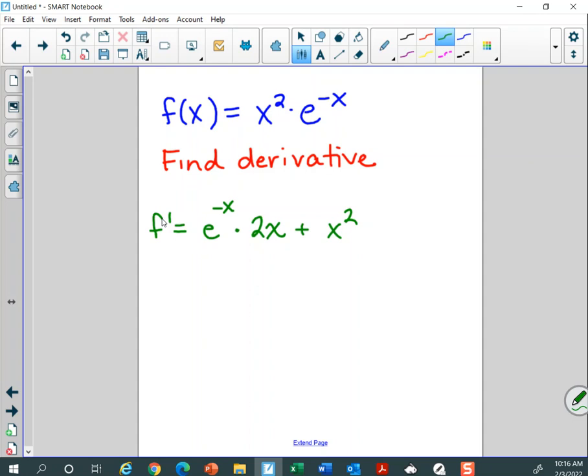That's really the only way you can mess up. Sometimes it's easy with e to the x, though, because when you're taking the derivative, it just looks the same. So let's see. G, F prime, F, and now G prime. So e to the negative x times negative 1.